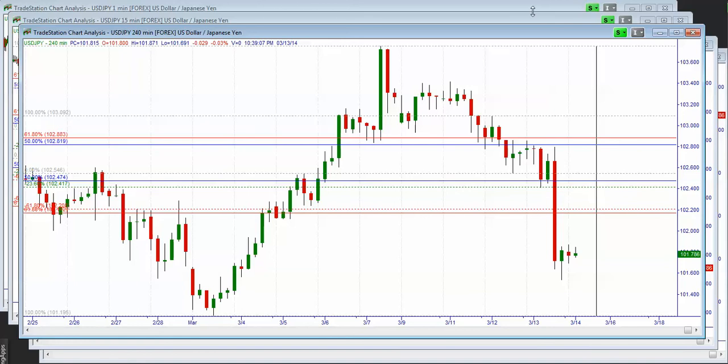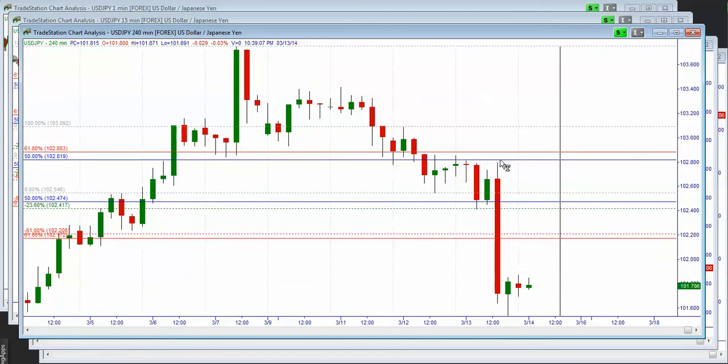Look at that. This is the power of program trading, taking profit at minus 23.60.